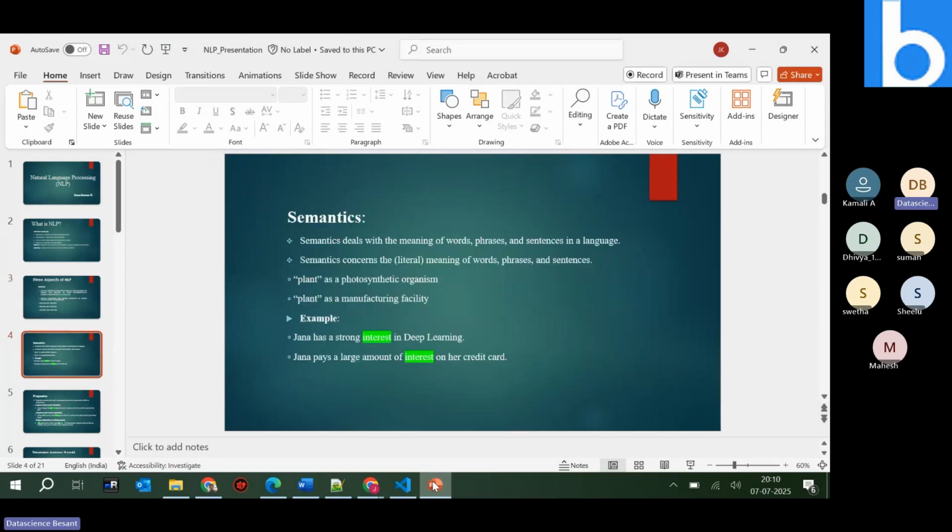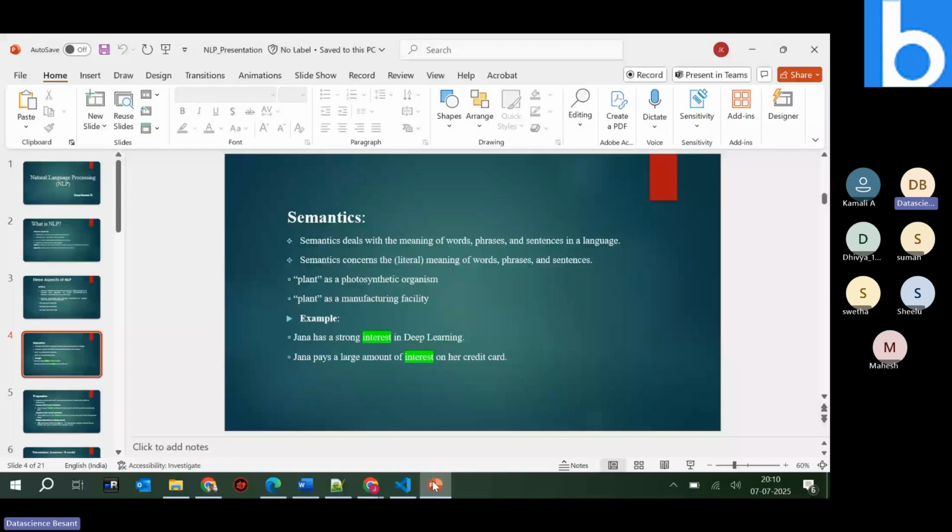The next is semantics. As I already mentioned, there are a few words which have different meanings depending upon the context. Take the word interest. Jenna has a strong interest in deep learning, which shows her wish to do a deep learning course. Jenna pays a large amount of interest on her credit card, which shows this interest is related to the finance domain. The first is related to her own wish, the second to the finance domain.